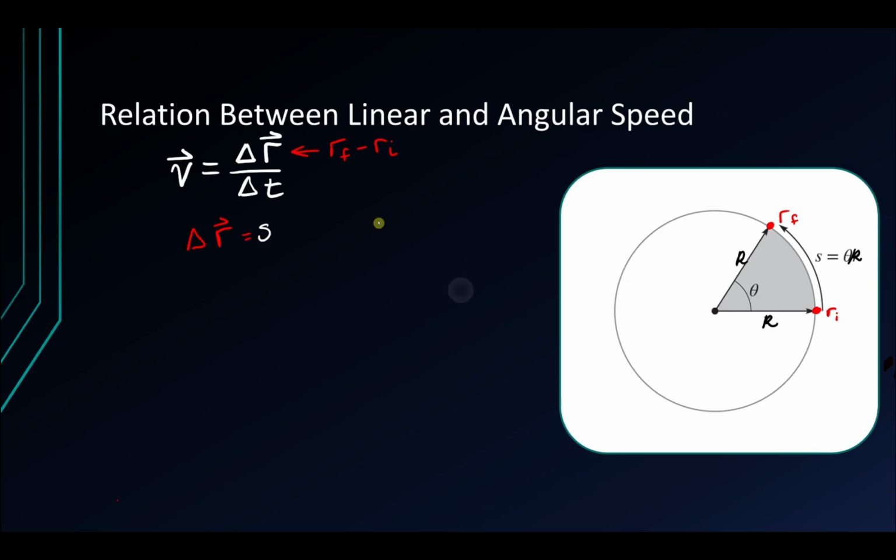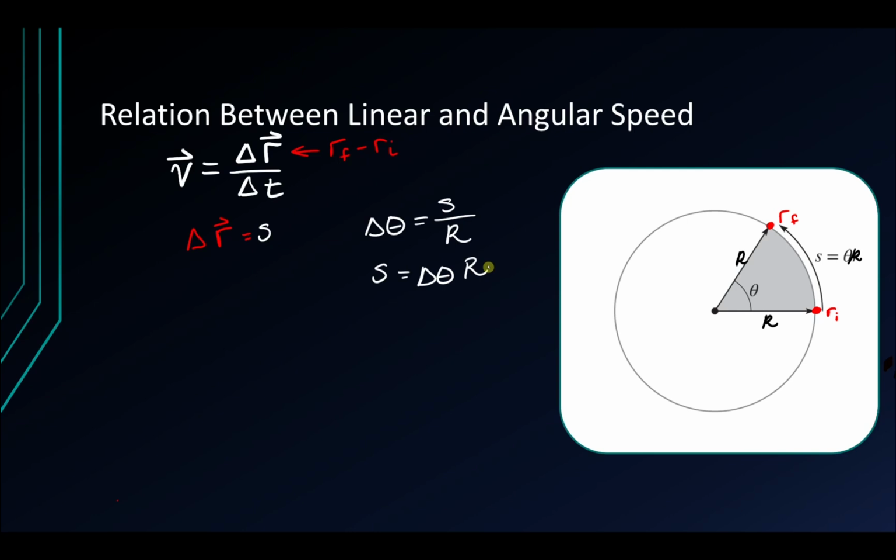From the previous slide, we know that our change in theta, our angular displacement, is arc length divided by the radius of this circle. So I can rearrange this to state that arc length is equal to my change in theta, my angular displacement, times the radius.